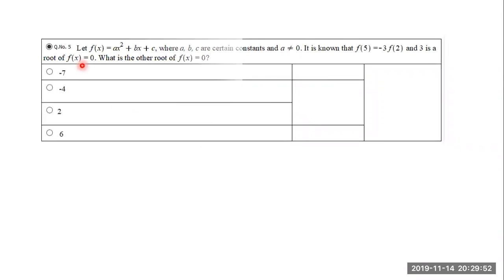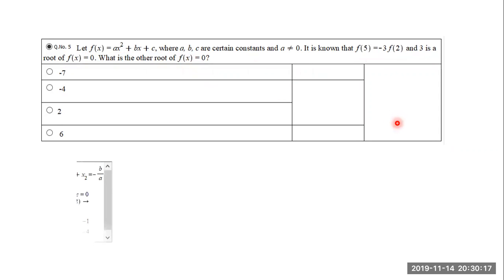Now, next question is, let f(x) be again a quadratic function, ax squared plus bx plus c, where a, b, c are certain constants and a is not equal to 0. This a not equal to 0 is telling mainly that it is a quadratic, not linear. It is known that f(1) is equal to minus 3 f(2) and 3 is the root of f(x) equal to 0. What is the other root of f(x) equal to 0?